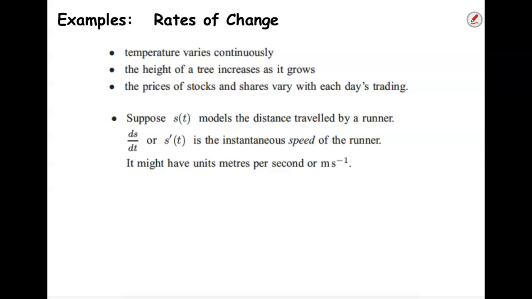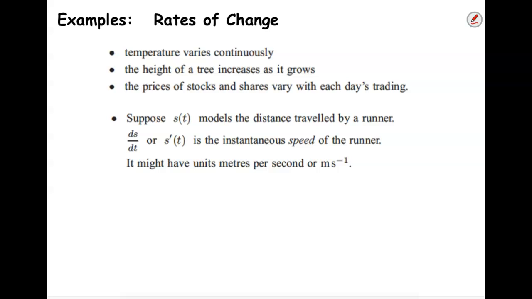So here are some examples of rates of change. One is temperature varies continuously. The height of a tree increases as it grows. The prices of stocks and shares vary each day, depending on the day of trading. Suppose S(t) models the distance traveled by a runner. Then the derivative function is the instantaneous speed of the runner.